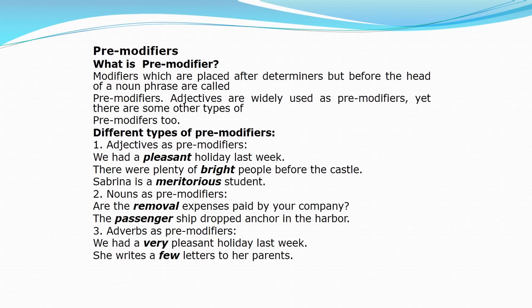The word bright is placed before the word people and modifies it, so it is a pre-modifier. Sabrina is a meritorious student. Meritorious, bright, and pleasant are all adjectives used before a noun. So these are the uses of adjectives as pre-modifiers.